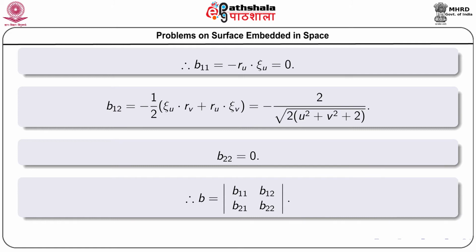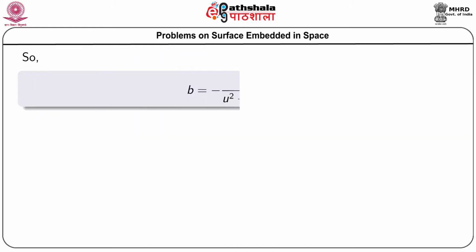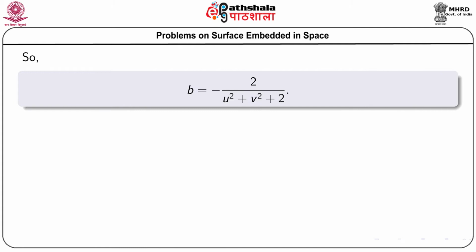So, the determinant of B alpha beta, that is B, is coming to this value: minus 2 by u square plus v square plus 2. So, we have obtained the two determinants.